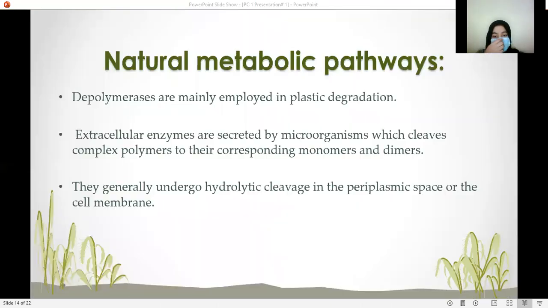If we go into detail in the natural metabolic pathway, when enzymatic activity is involved, the products are further exploited as carbon and energy sources by the intracellular enzymes. Oligomers can be directly internalized, presumably with the aid of biosurfactants produced by the microbes, and can be further cleaved by abiotic processes before internalization.